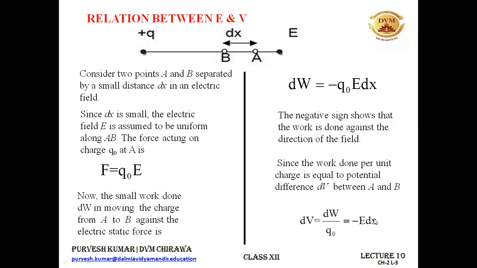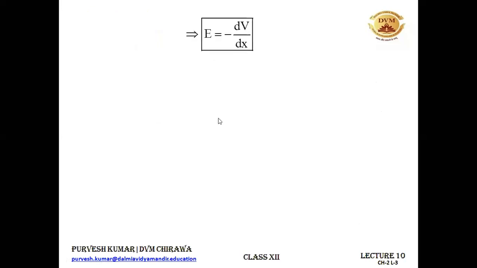And this implies that E is equal to minus dV upon dx. So this is the value of the electric field and the relation between the electric field and the potential difference. E is equal to minus dV upon dx.